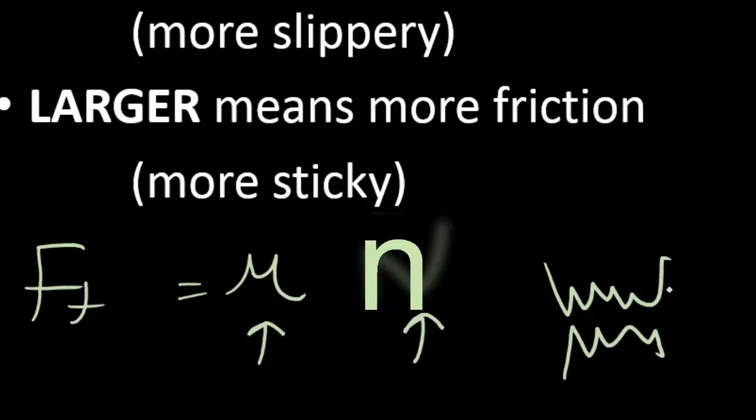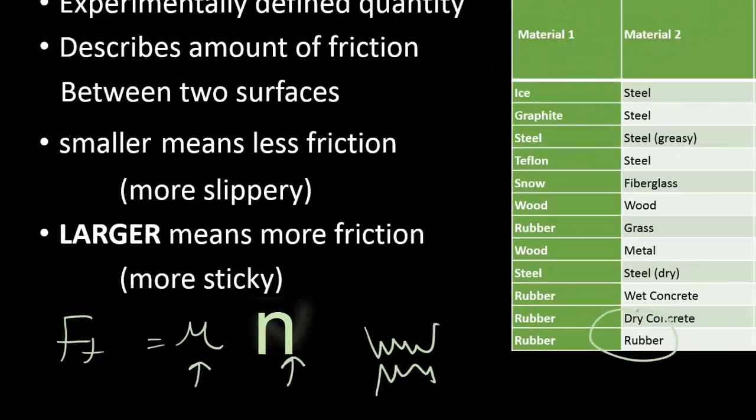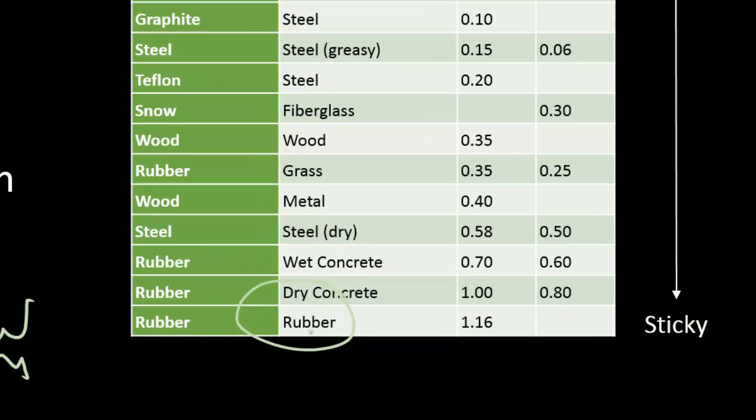When we combine those, if there's more normal force, or more attraction between the surfaces, or more rough edges, there's going to be more friction because of a greater coefficient of friction. Rubber, down here at the bottom, has a super high coefficient of friction. It's very sticky, so there's a lot of friction. So this is a coefficient of friction.